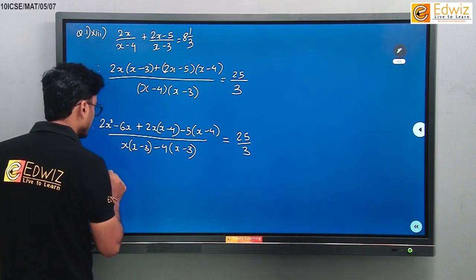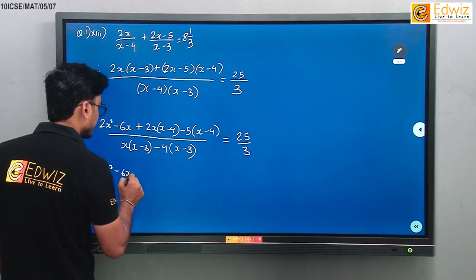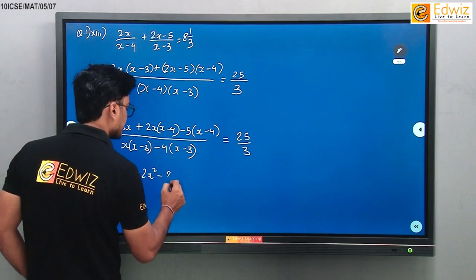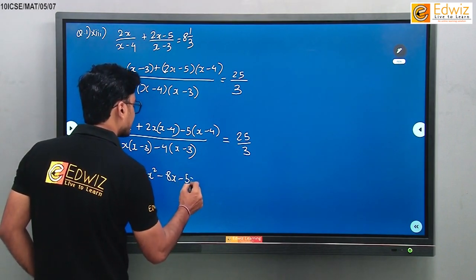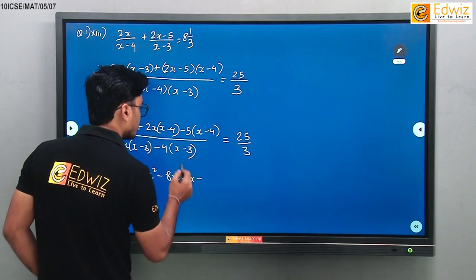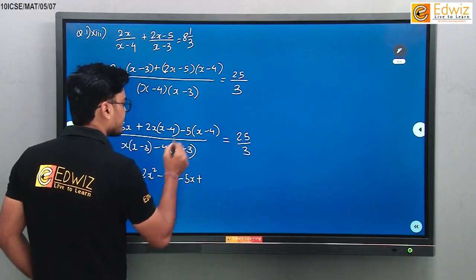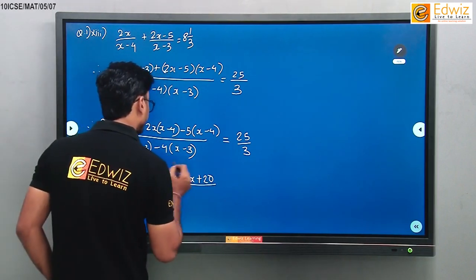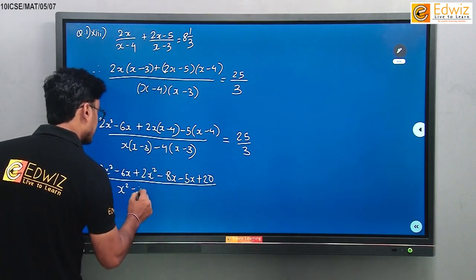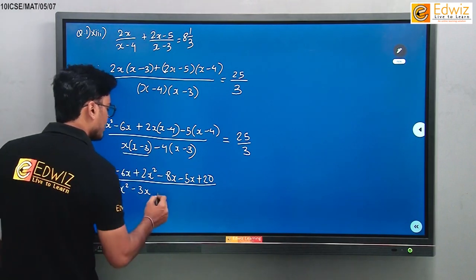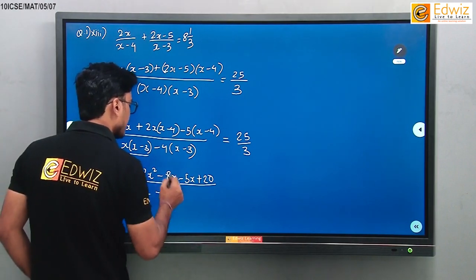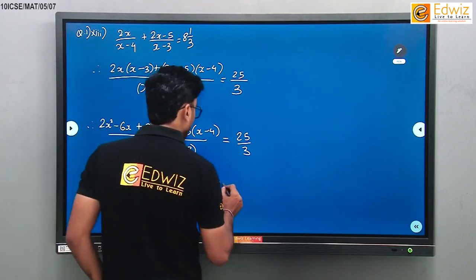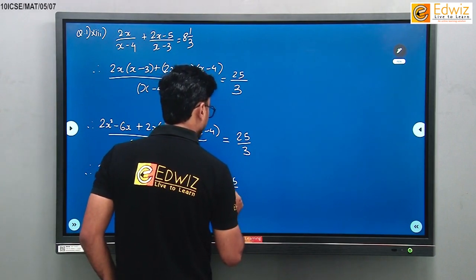Now let us see the simplification of this. This is 2x square minus 6x plus 2x square minus 8x minus 5x minus 5 into minus 4. Minus and minus will become plus, so minus 5 into minus 4 is plus 20, divided by x square minus 3x, minus 4x, and minus 4 into minus 3 is plus 12, equal to 25 divided by 3.